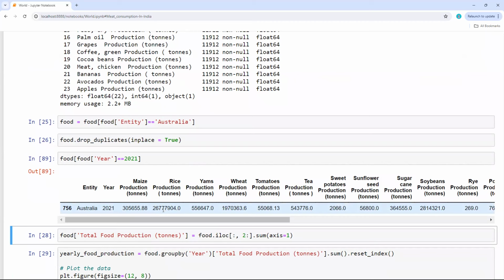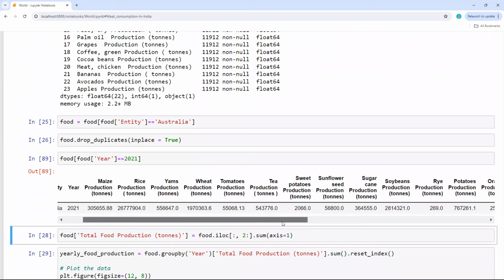Yams production is around 5 lakhs 56,000, half a million. And wheat production is 19 lakh 70,000, which is around 1.9 million. Tomato production is around 55k tons, and tea production is 543k, half a million. Sweet potatoes, so this is how.